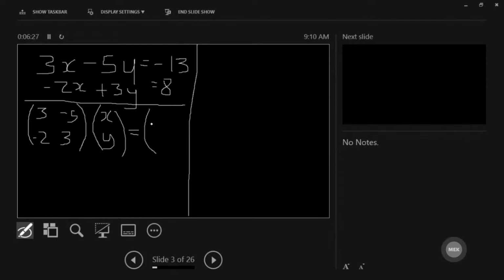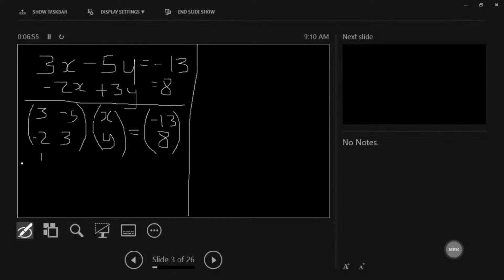So these two values, we put them out here. So what we're going to do is find the inverse of this matrix. We know the inverse is 1 over the determinant times the adjoint.